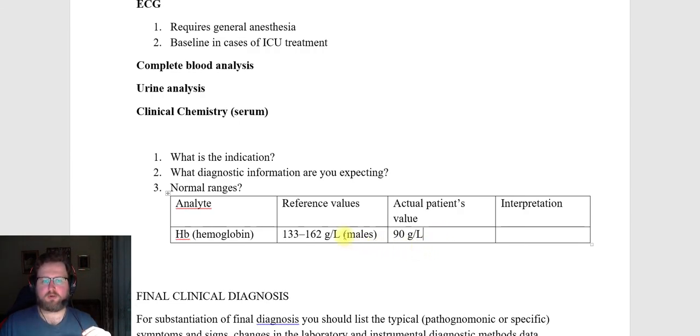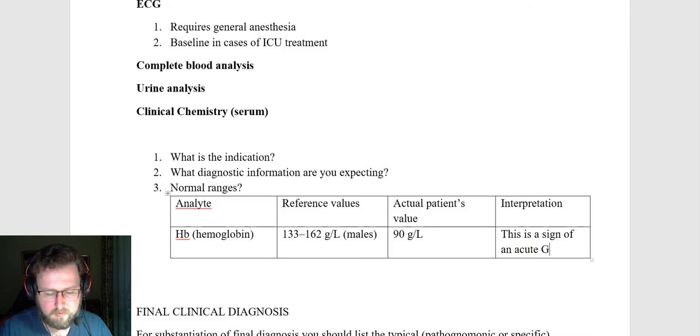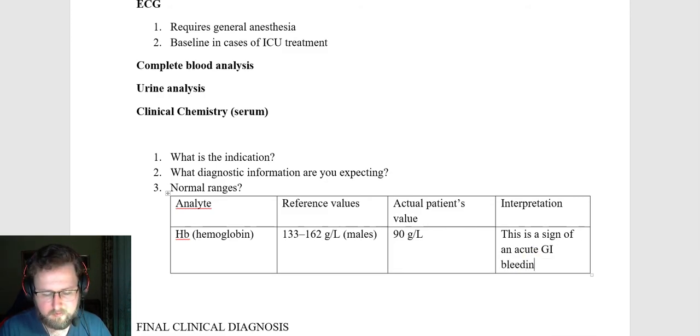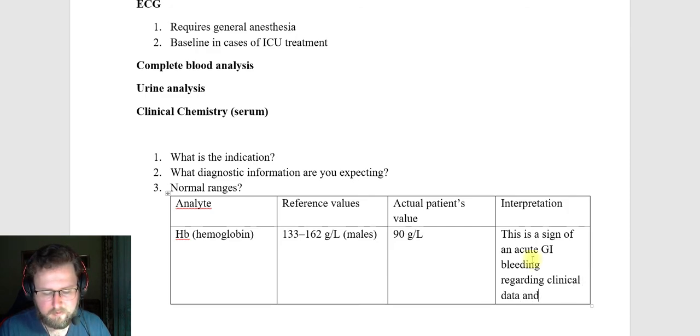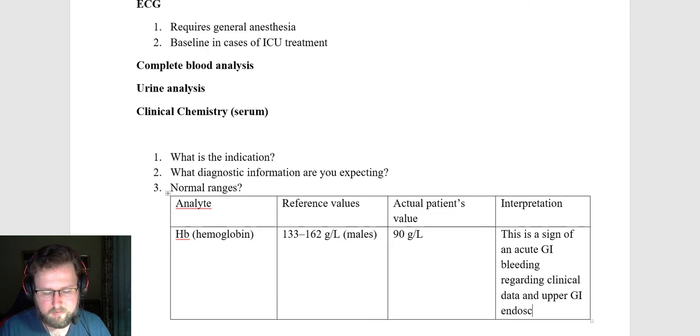That's below the reference value. It means that this is a sign of an acute GI bleeding regarding clinical data and upper GI endoscopy data.